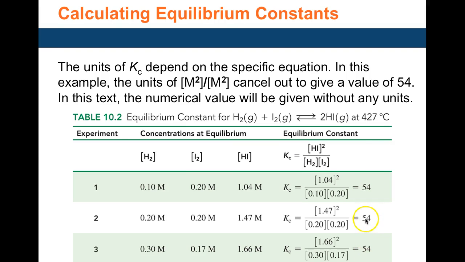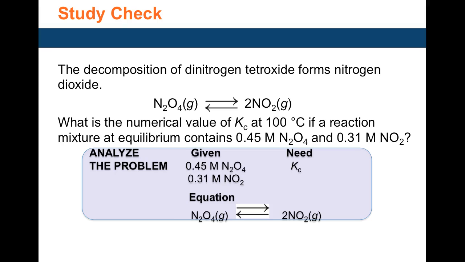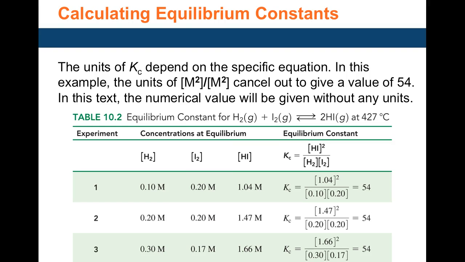So you can have different kinds of equilibrium conditions. However, at a given temperature, the Kc is a constant, okay? If you change that temperature, then of course the Kc value will change. So Kc is temperature dependent. Also, we're deliberately not putting any units in the expression or the value of Kc. All right, so we're just using numeric values.